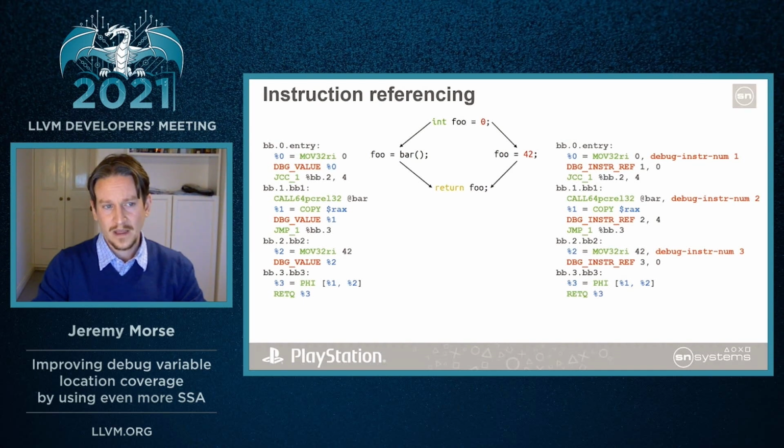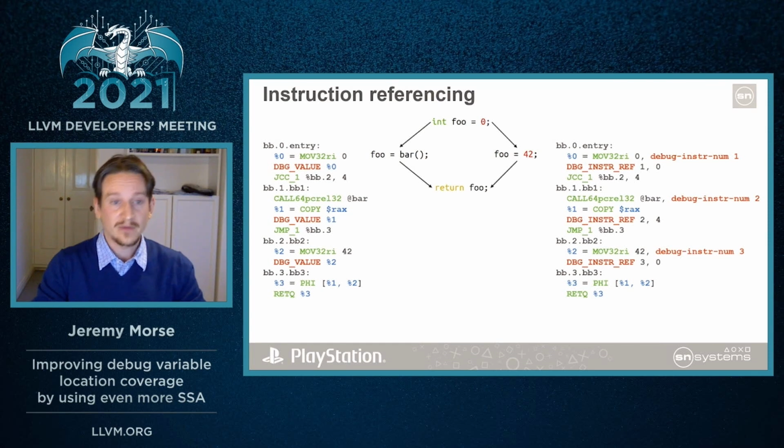In effect, we are indirectly describing the position of the operand within the instruction without referring to the register itself. We're just adding another level of indirection. And the benefit of this approach is that the register allocator can come and rewrite the registers in this program to its heart's content, really go crazy, and the debugging information doesn't need to care at all.